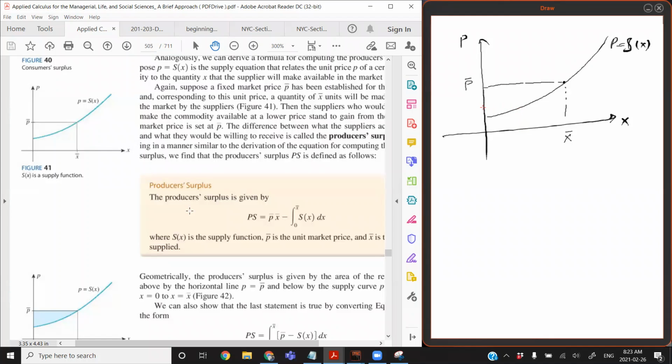That is, if the price is low, then there is less incentive for the producers to produce. But again, in the free market, there will be some established price and established supply. The producer surplus is this area here.